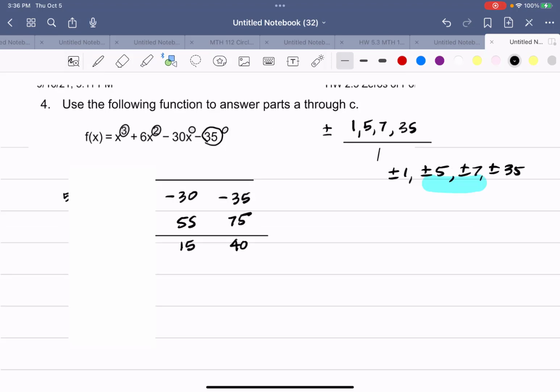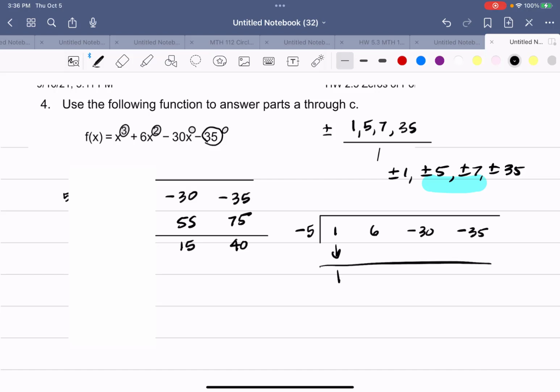So I'm going to try negative 5. So I'll put my negative 5 here. 1, 6, negative 30, negative 35. I'll drop my 1. Negative 5 times 1 is negative 5. I get a 1.